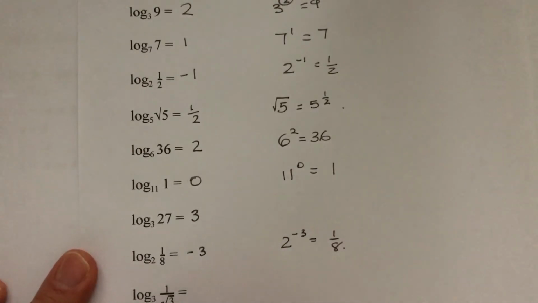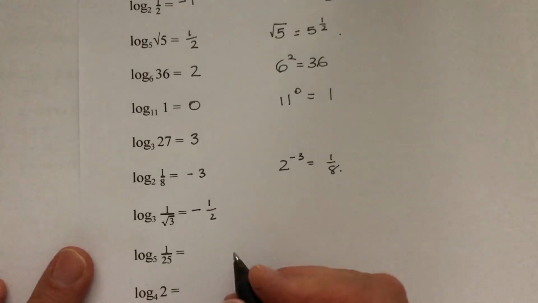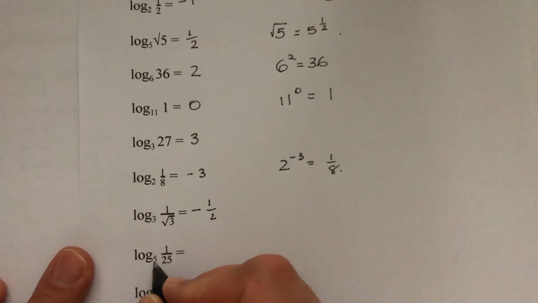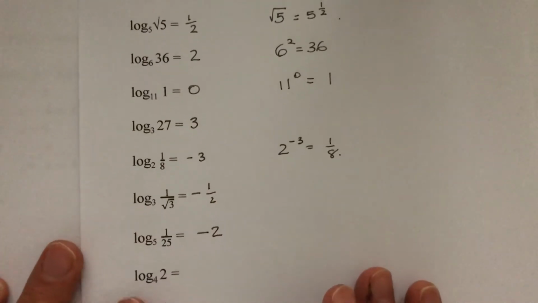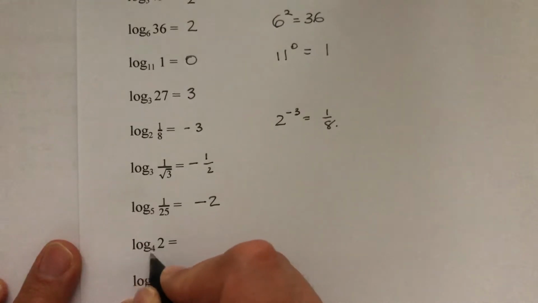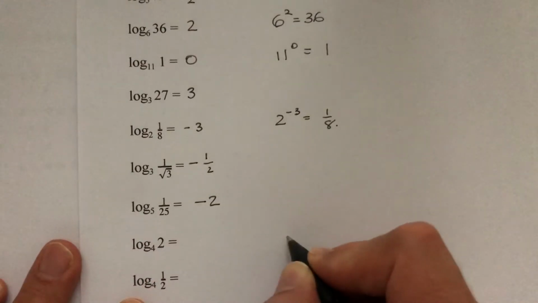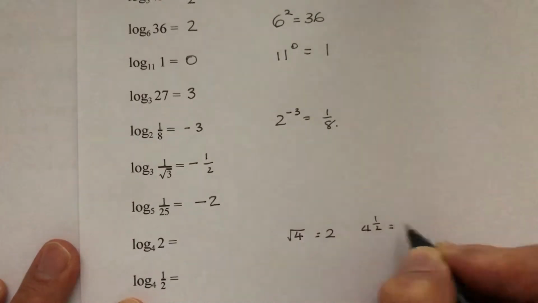We know 3 to the power of a half is root 3. So 1 over root 3 is 3 to the power of negative a half, so it's negative a half. Here, 5 squared is 25, so 1 over 25 gives negative 2. Now this is slightly difficult because we know that the root of 4 is 2, so 4 to the power of a half is 2.